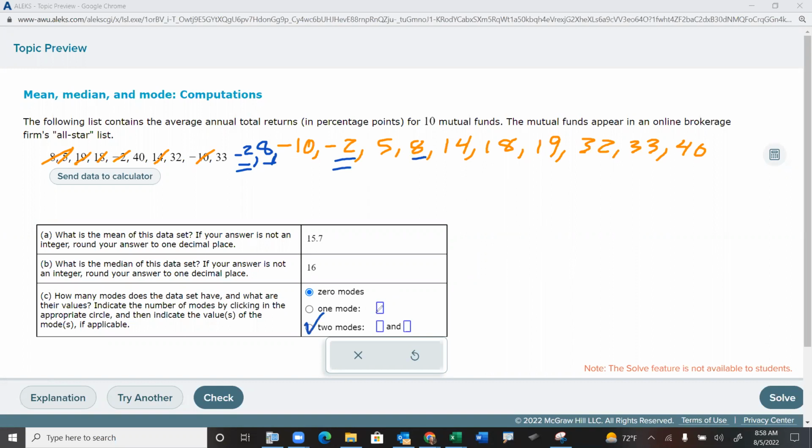I've got 2 modes, 8 and -2. But if no number stands out more than any other number, if every number occurs the same amount, they all occur once, they all occur twice, whatever, you're going to say no mode because it's not telling you anything. Nothing's standing out.